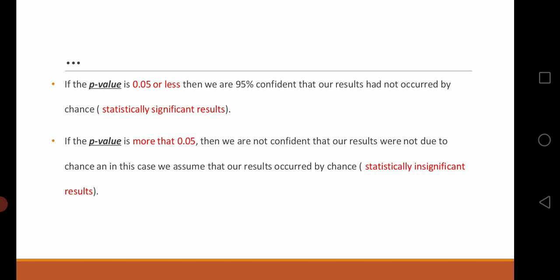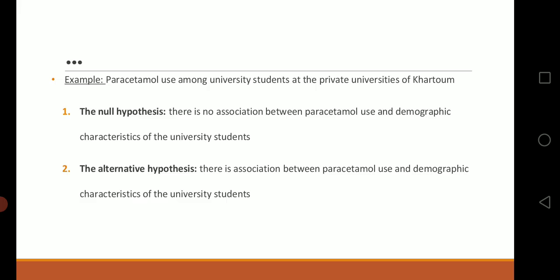So we accept or reject the null hypothesis based on the value of the p-value, whether it's 0.05 or less or it's more than 0.05.